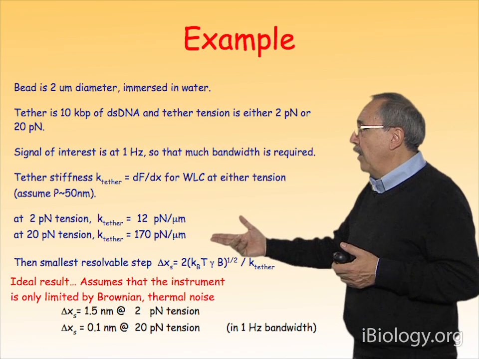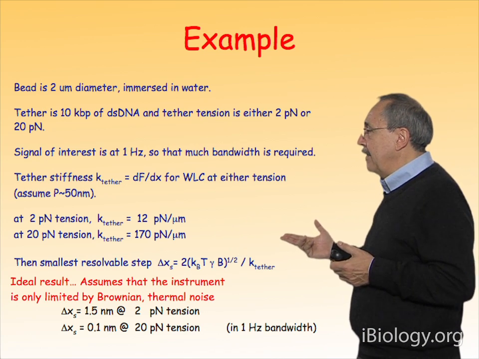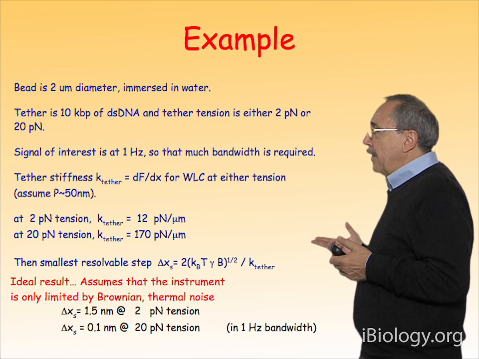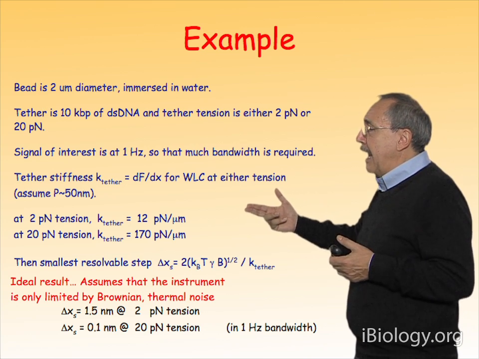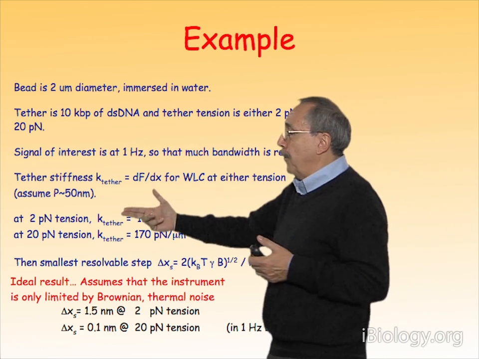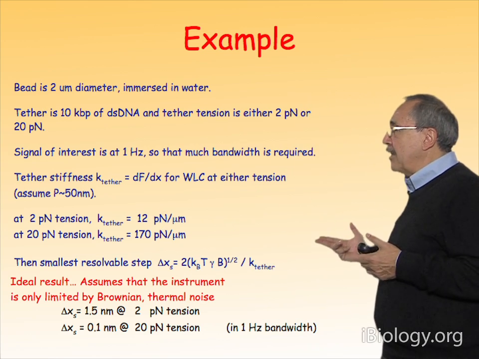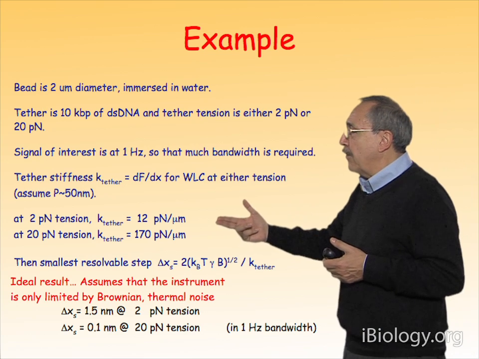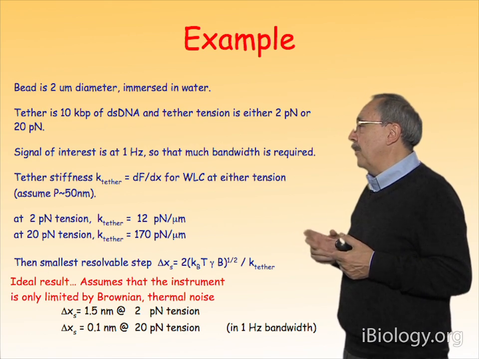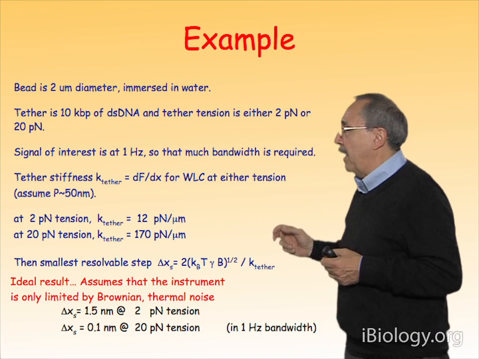So the smallest step that you can resolve is given by this amount. Notice that K tether is in the denominator, so having a larger K tether, the stiffness of your tether, namely using higher forces, means that you can resolve a much smaller step, distance, or displacement.